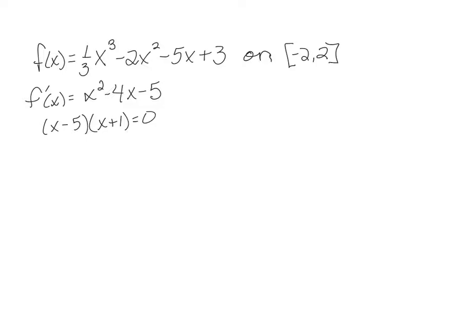We're going to get that x equals 5 and x equals negative 1. Now, look at the interval that we're looking at. We're going from -2 to +2. So we have to find the y values at each of these endpoints, and then the y values of the critical points, but only the ones that are in the interval. So -1 is between -2 and +2, but 5 is not in this interval.